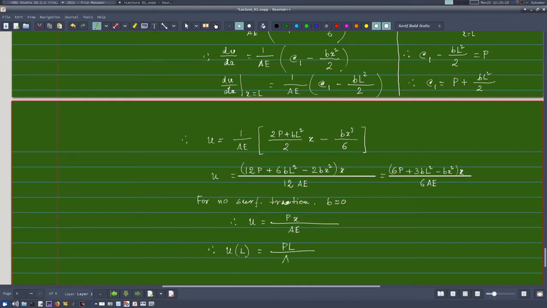This is a well-known solution. We have already seen in the beginning that when you apply the load P at the end, the deformation and the load is PL by AE. And that's how we got stiffness as A by L. Okay, so this is a well-known solution.